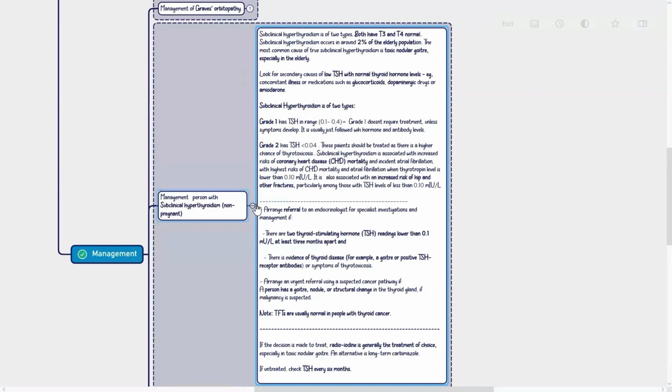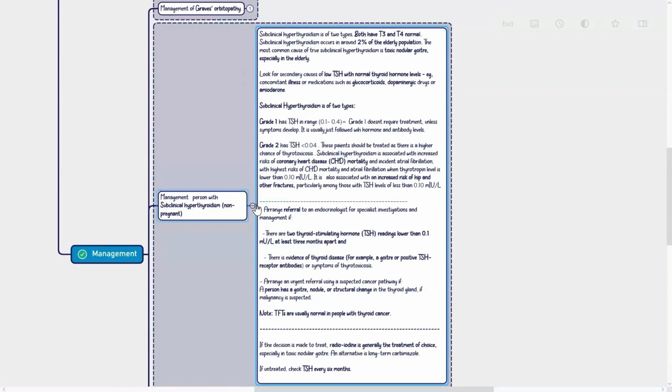Subclinical hyperthyroidism is associated with increased risks of coronary heart disease, CHD mortality, and incident atrial fibrillation, with highest risks of CHD mortality and atrial fibrillation when thyrotropin level is lower than 0.10. It is also associated with an increased risk of hip and other fractures, particularly among those with TSH levels of less than 0.10.